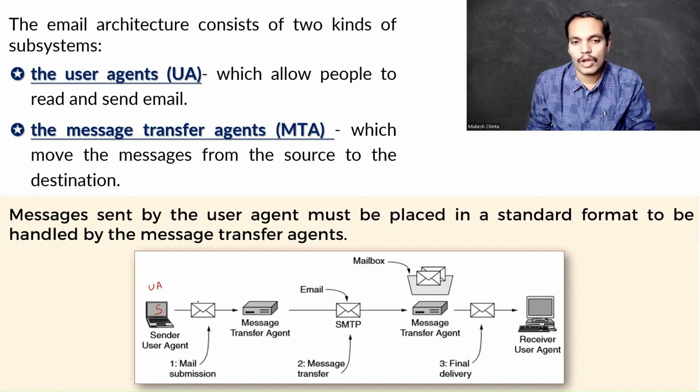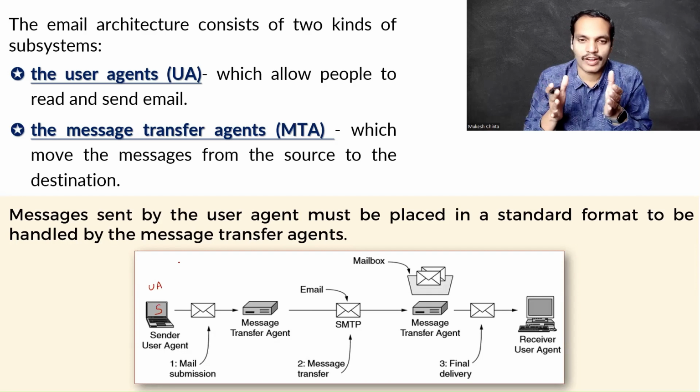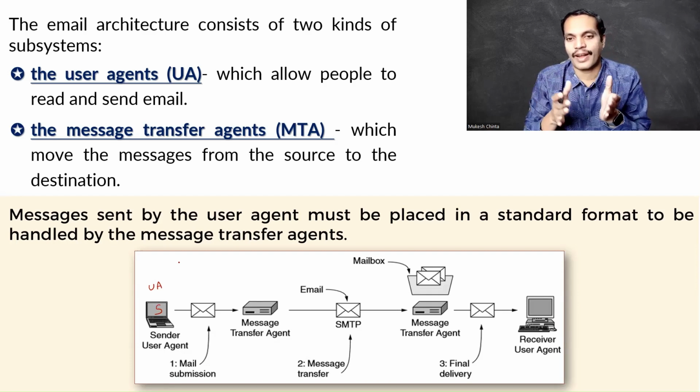Once this email reaches the message transfer agent, it should be formatted in a standard format. That is what we are going to study in this video: what that format is, how it is handled, and what different things are added to your email so that it is enabled for transfer between source and destination.